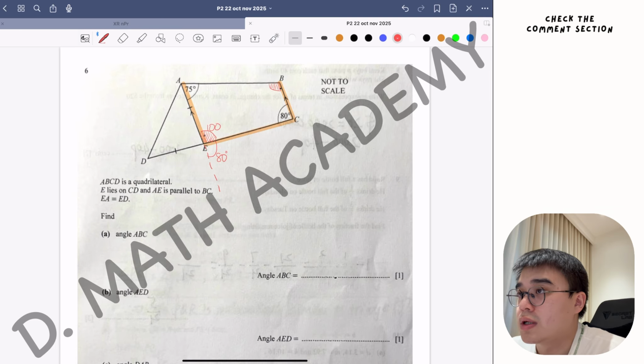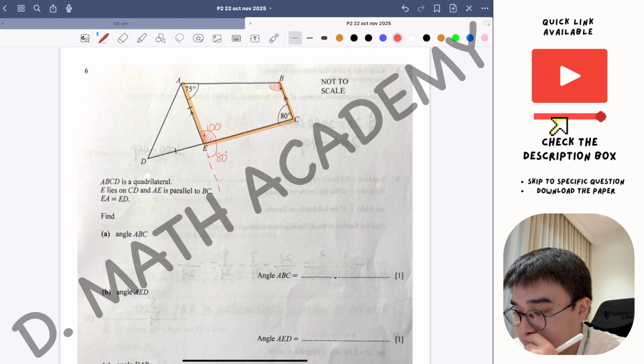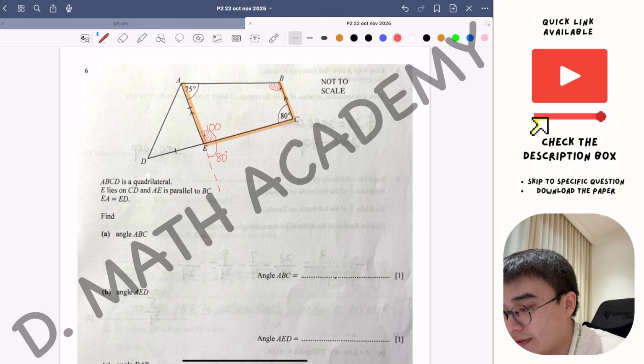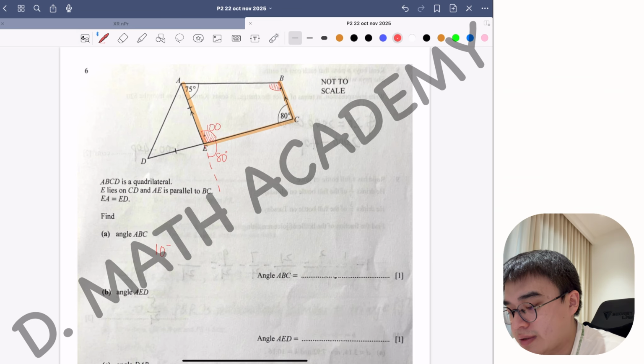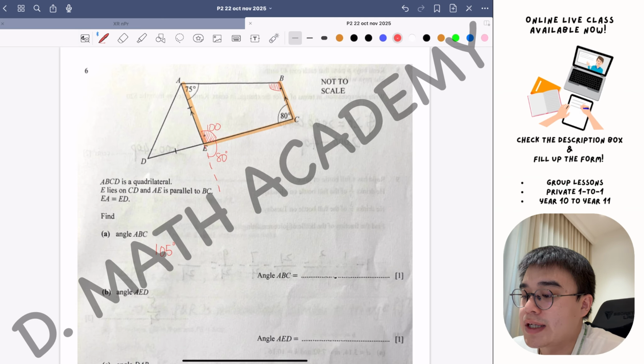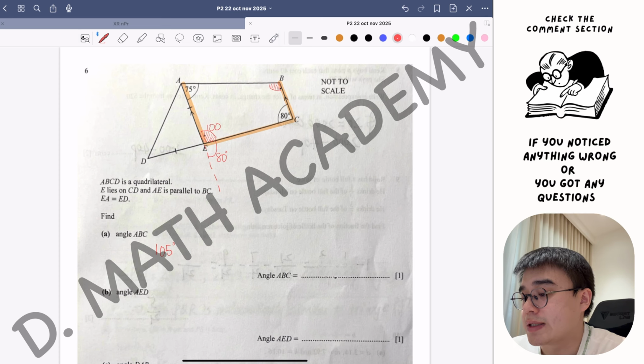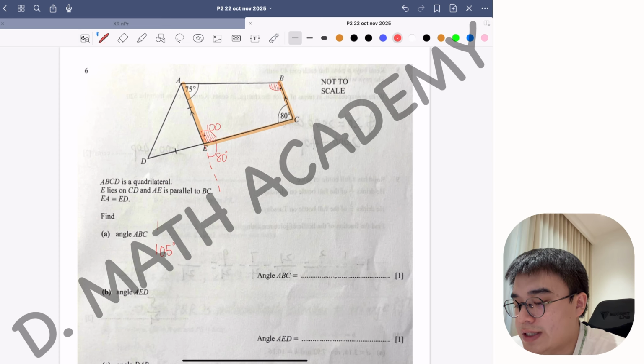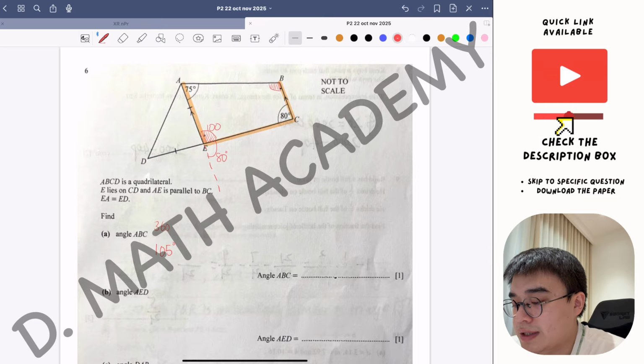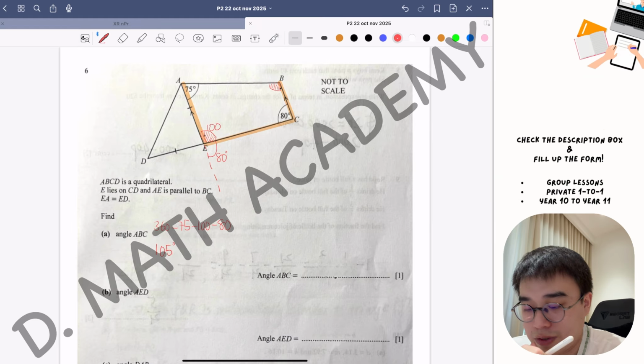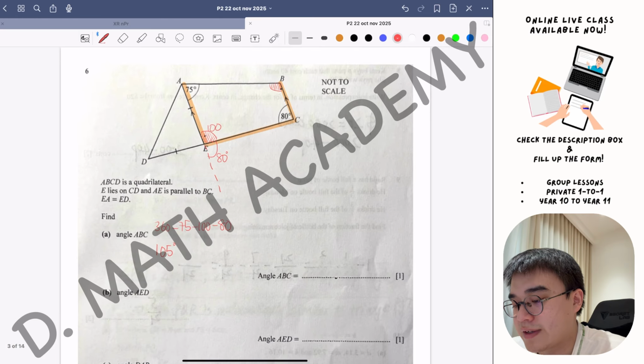It's just, if not mistaken, 105, because on the opposite end it should be another 180. You can manually secure that by having 360 minus 75 minus 100 minus 80. Then you should get 105.